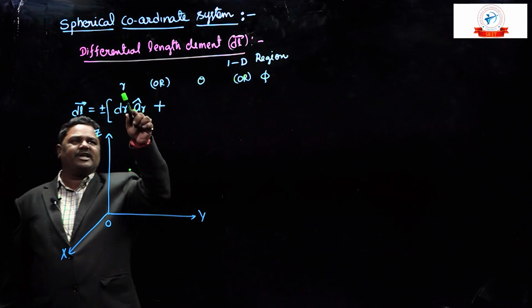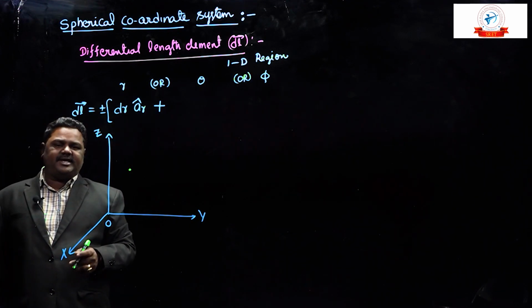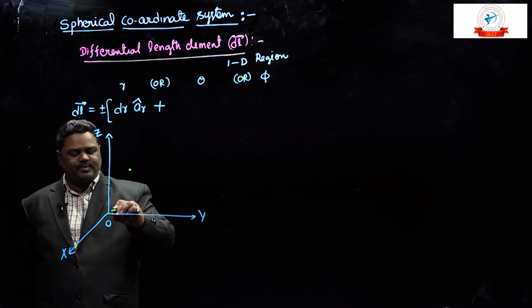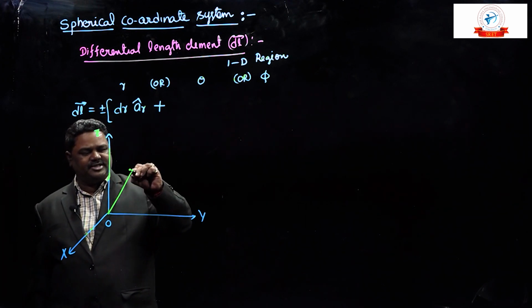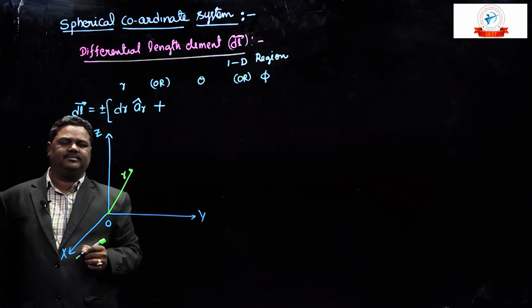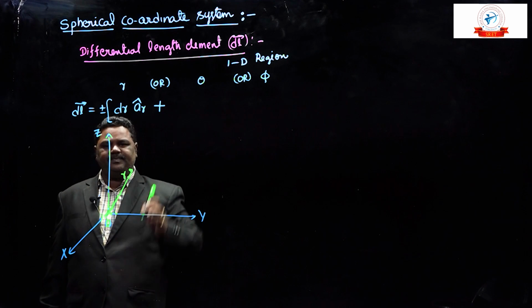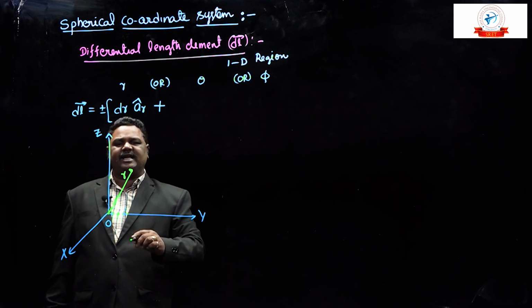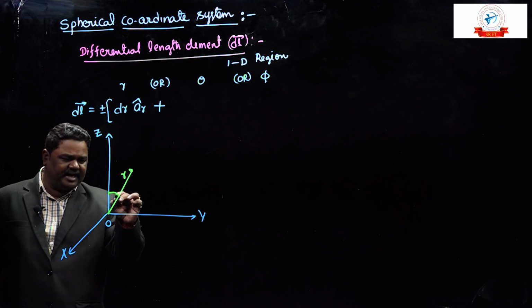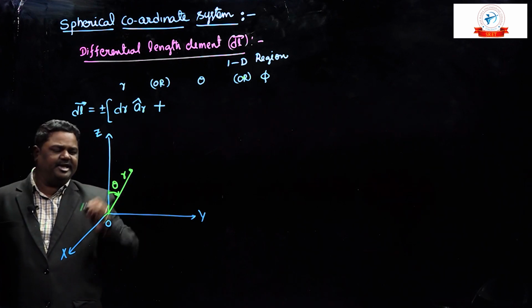First, what is meant by r? r is the radial distance from the origin, so for this point, the radial distance from the origin is r. And theta is the vertical angle made with the z-axis.